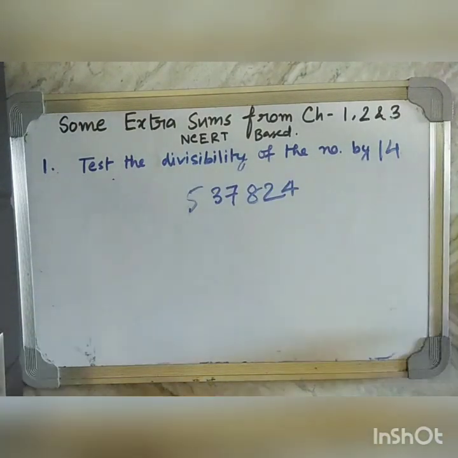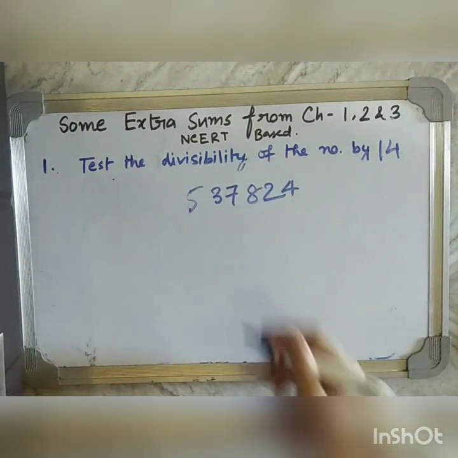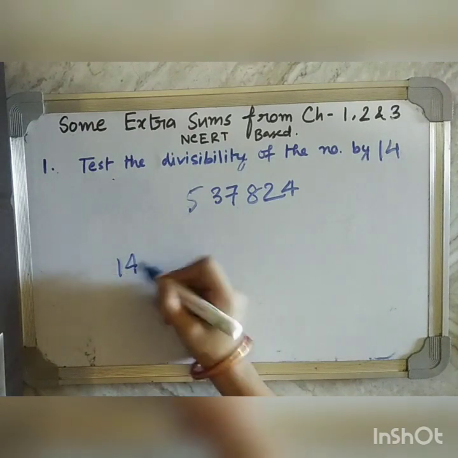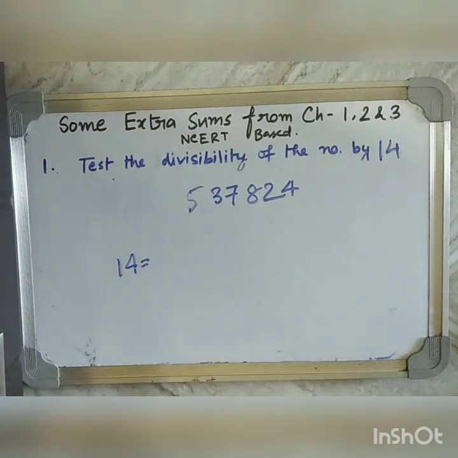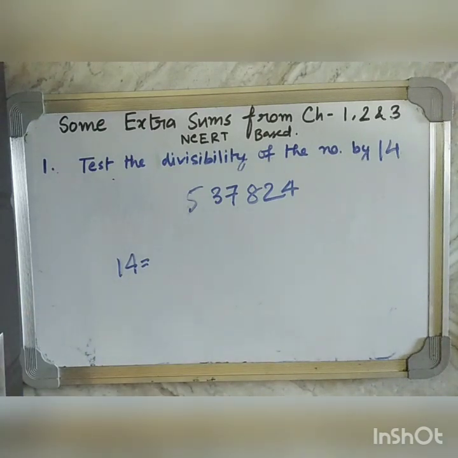Now in case of 14 also we can easily make the rule ourselves, by how we can use the divisibility rule of 14. Okay, so let's take the number 14. Just like 12, again we will represent 14 as the product of two different numbers.